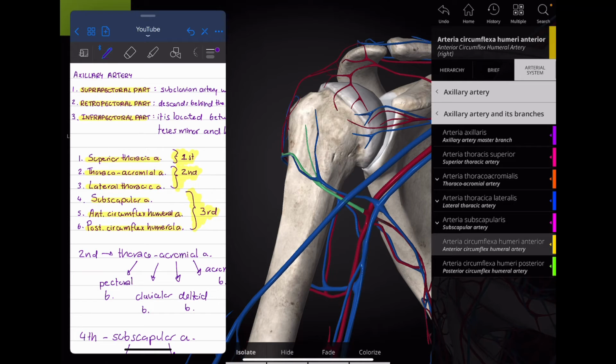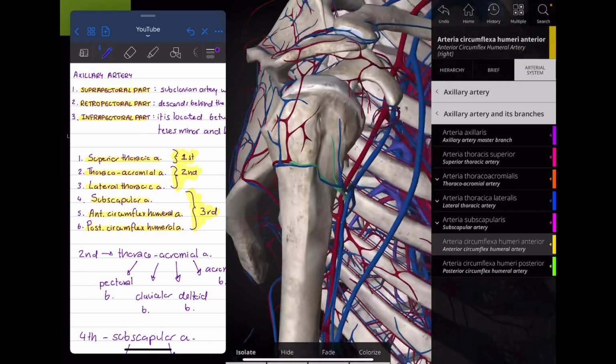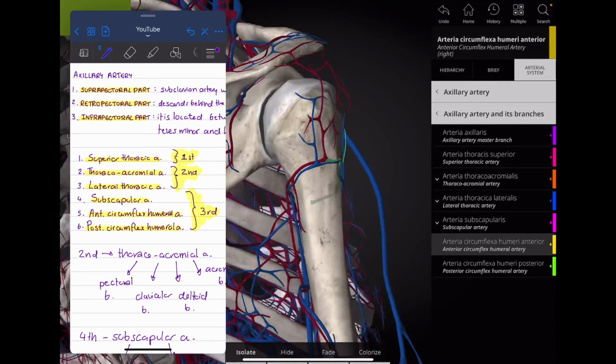So let's suppose that you were involved in an accident and you hit your shoulder and you broke the surgical neck of the humerus. What would happen at that point is that you would be damaging these arteries because they're right next to the surgical neck of the humerus.